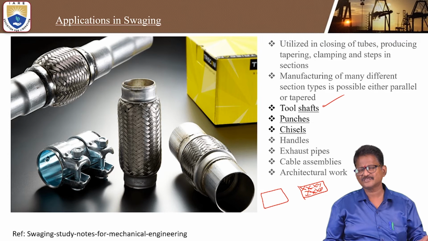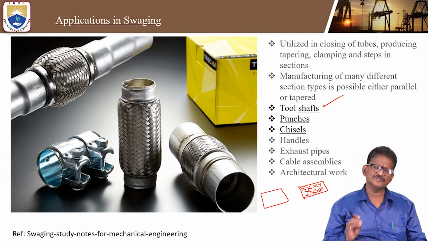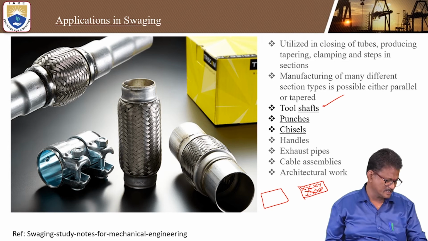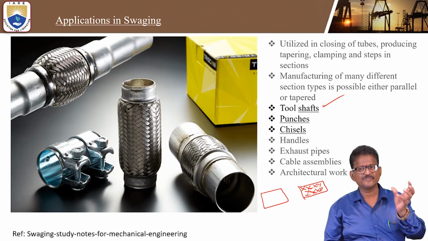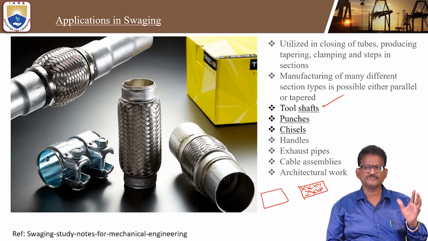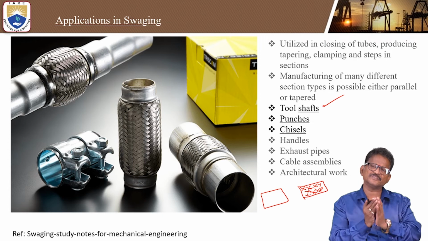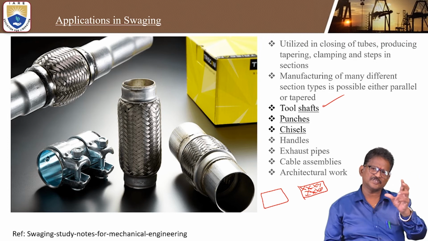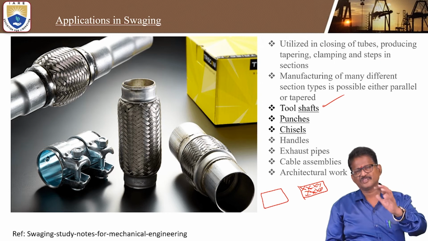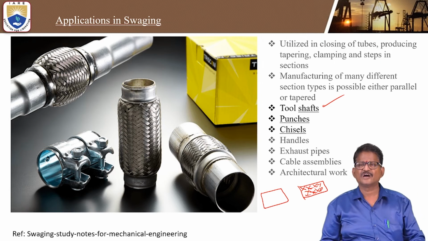So these are the most important applications mainly used in this swaging technique, especially tool shafts, punches, chisels, and some handles. Even cable assemblies in industries, where there are large diameter cables with three-phase supply, can be used in this type of arrangement.